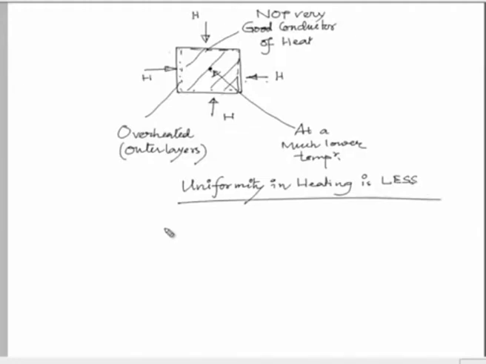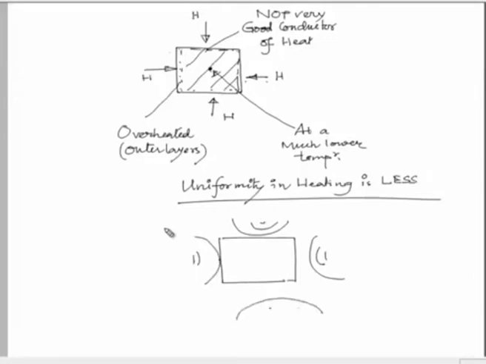However, in case of microwave heating, since the entire object will be heated up almost simultaneously, as I have already told, at the same time, I can say the temperature inside this body will be almost uniform.